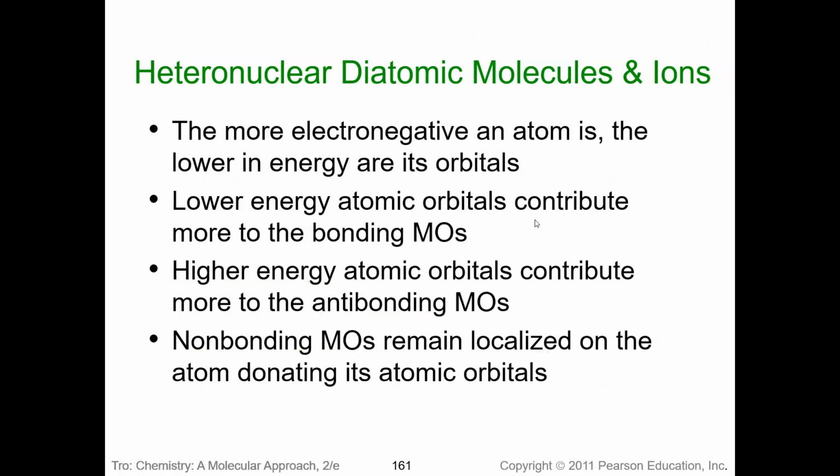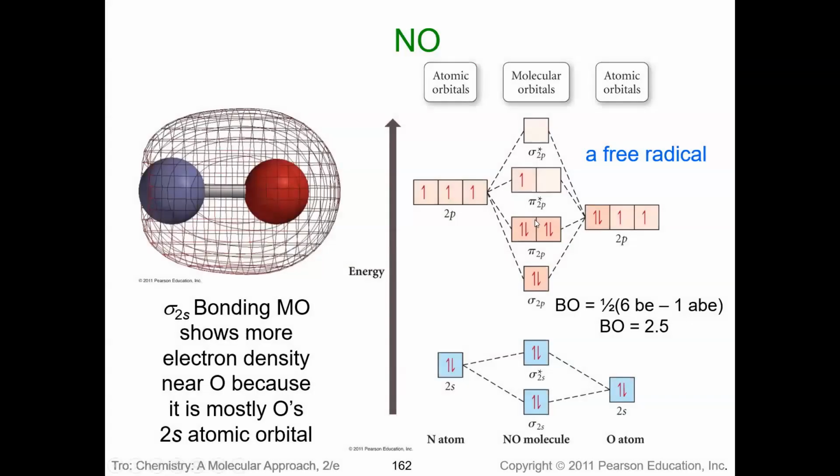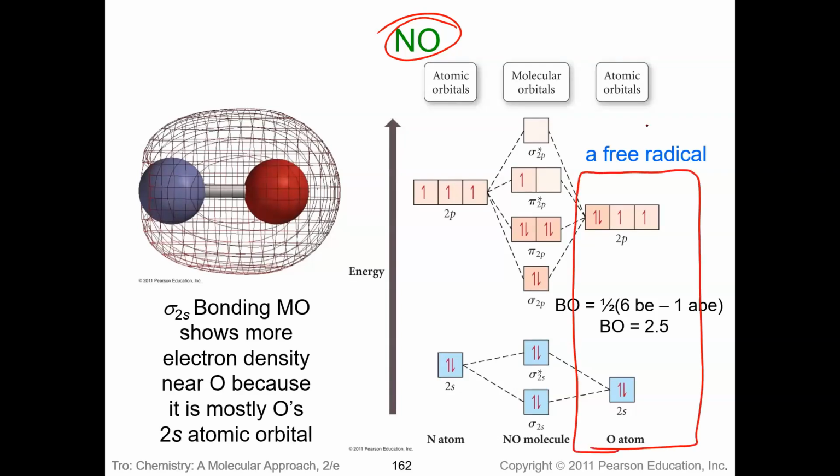Okay, so what does this mean? So here's NO, 2 different atoms. It means now it's not so much the same. So here's our oxygen atom, right? Oxygen is 2s2 2p4.